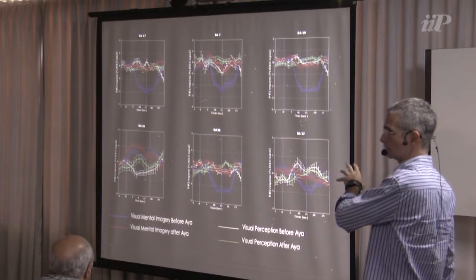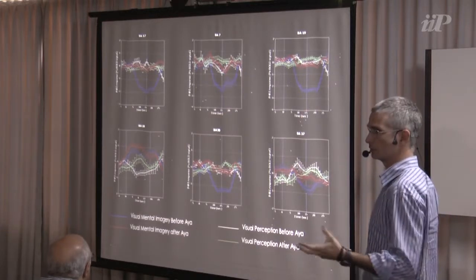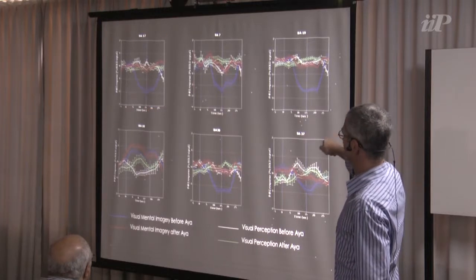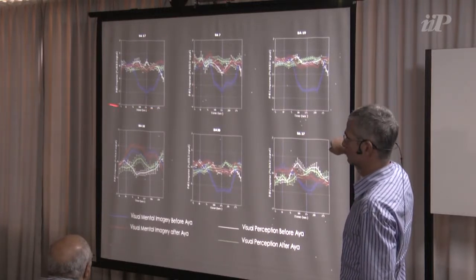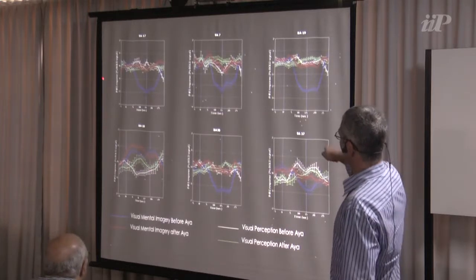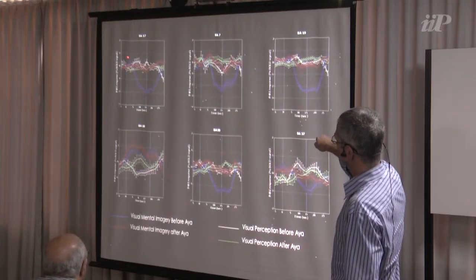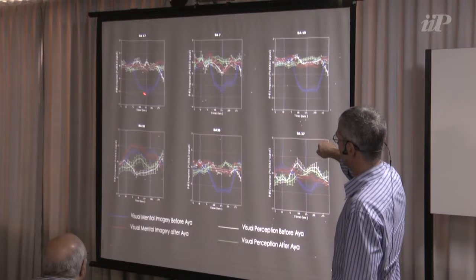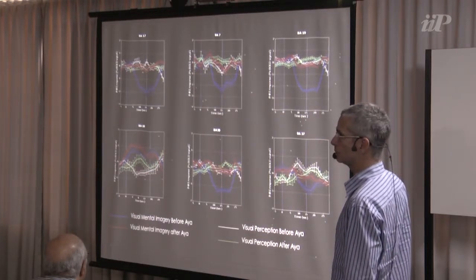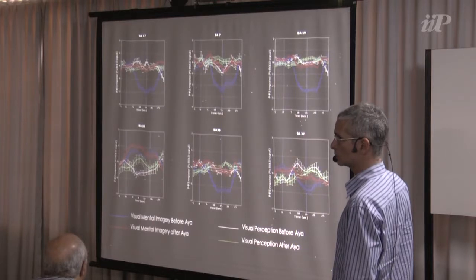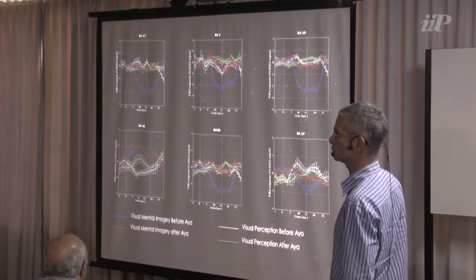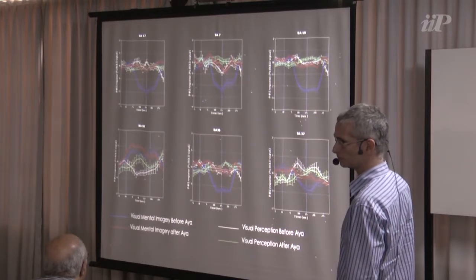These are the time series of some of those structures. I just want you to focus on BA17. That's the primary visual cortex. In blue is the signal, the average of the signal of the primary visual cortex when the individual is with their eyes closed, imagining something without the ayahuasca.